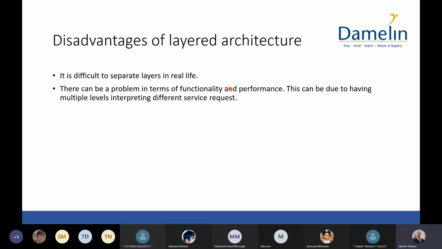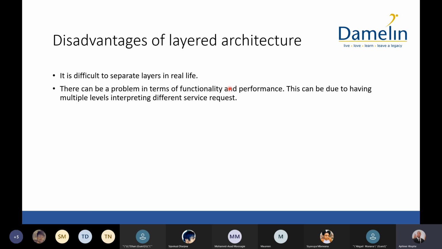Although conveniently having the layers there allows you to separate them, it's not an easy task, especially if you want to make changes to some of the functionality and your changes are not just user interface based. There can be a problem in terms of functionality and performance. This can be due to having multiple levels of interpreting different service requests.